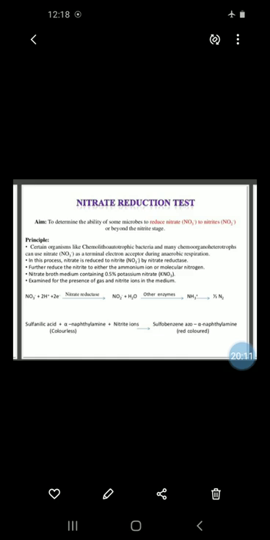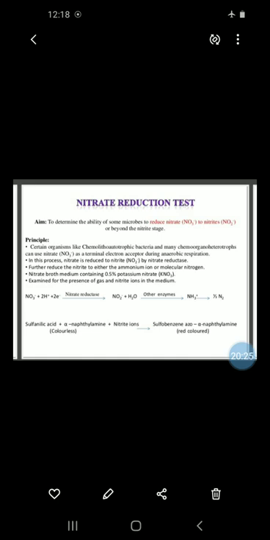The aim is to determine the ability of some microbes to reduce nitrate to nitrite. Nitrate is NO3-, and nitrite is NO2-. Then we will see the principle of this test.